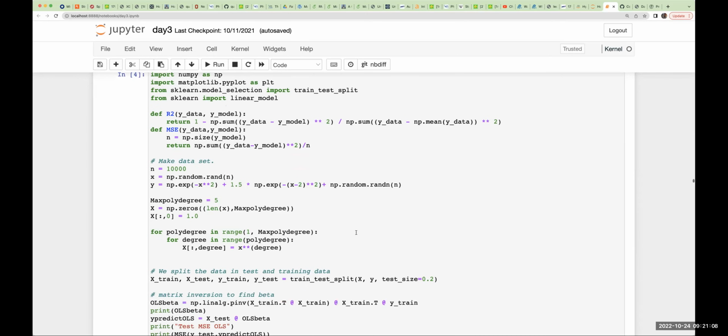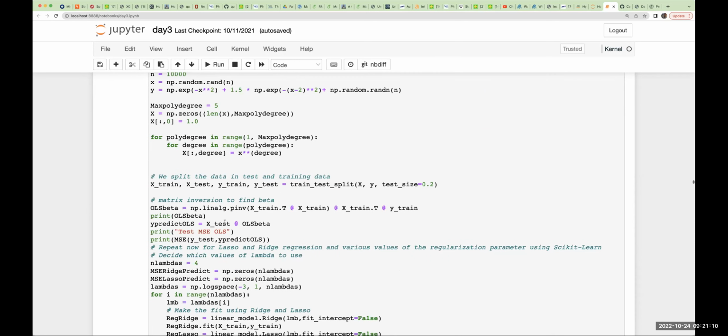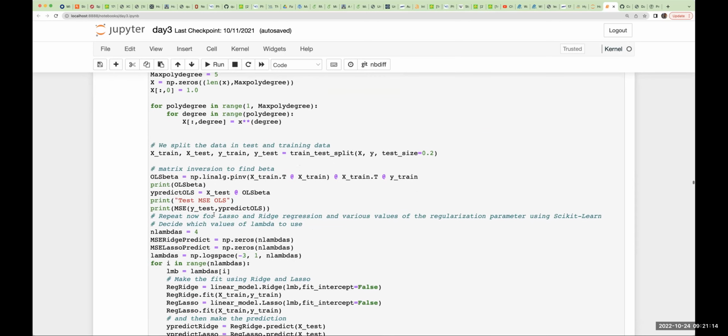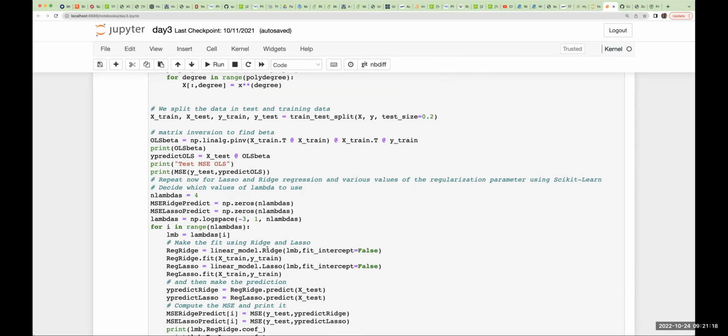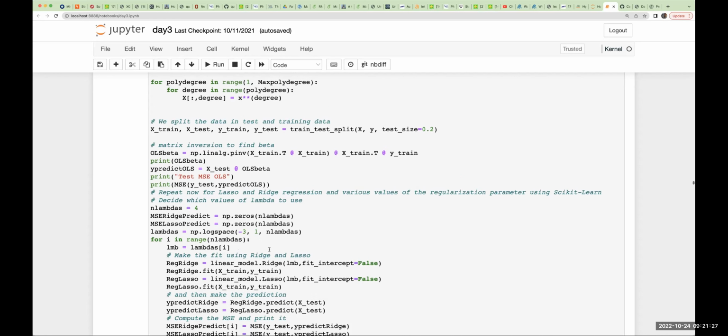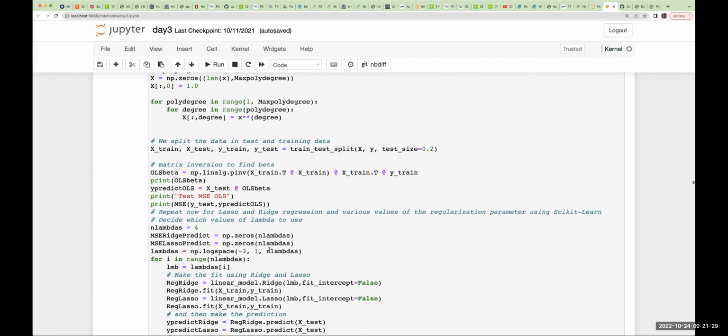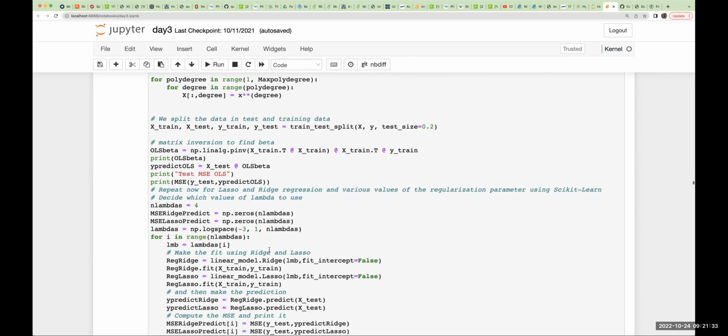What I'm doing here is to perform first a standard ordinary least squares, and then both a ridge and lasso regression. In these cases I'm including the intercept, by setting fit intercept to false for both ridge and lasso regression. This is again a case where ordinary least squares does a better job than lasso and ridge.